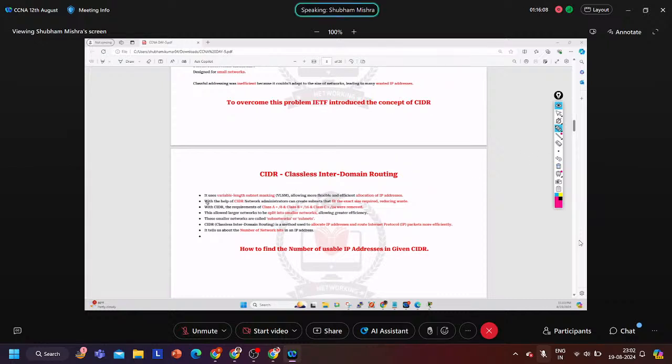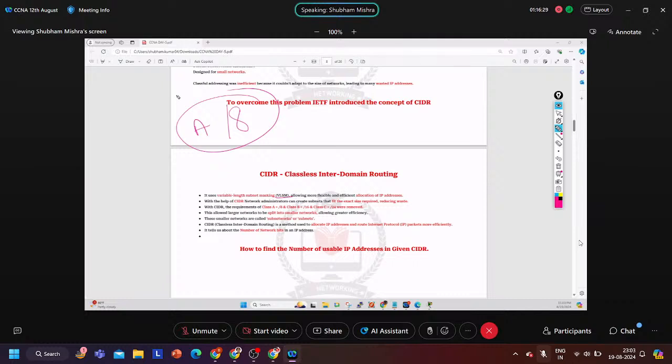The first point, it uses variable length subnet masking, that is called VLSM, allowing more flexible and efficient allocation of IP addresses. But in classful, what is the problem? If you have a class A, you can use the subnet mask only /8.